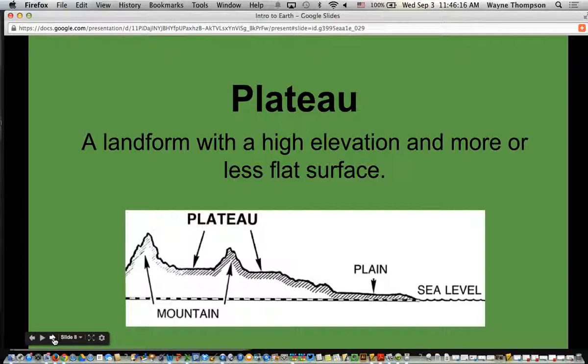If any of you have ever been to Washington State, Washington has a very high plateau in the eastern part of the state. That plateau is basically a volcanic lava flow from one of the largest volcanic eruptions and lava flows of all time.